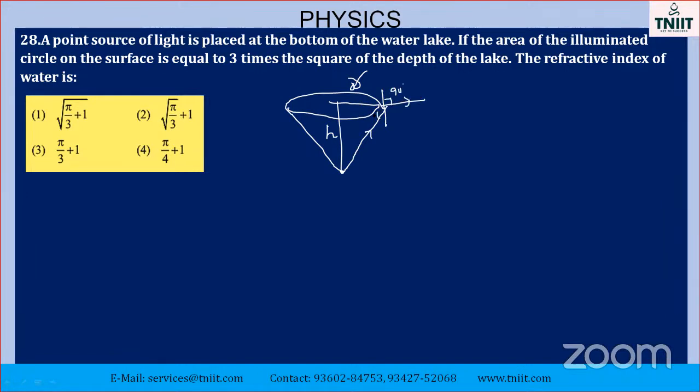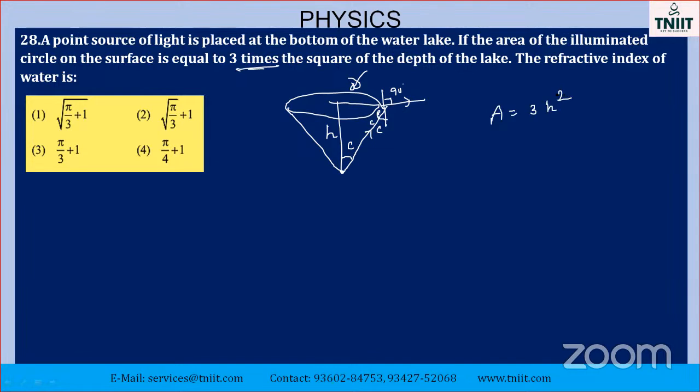Then this is called the critical angle, so this corresponding angle will be equal to C. Now they have given one condition: area of the circle is 3 times the square of the depth.